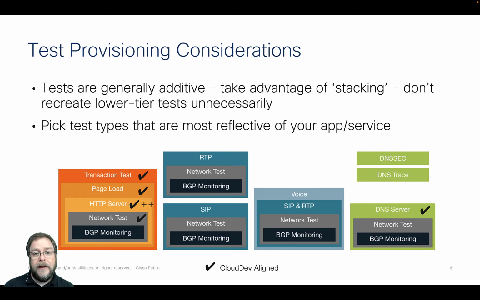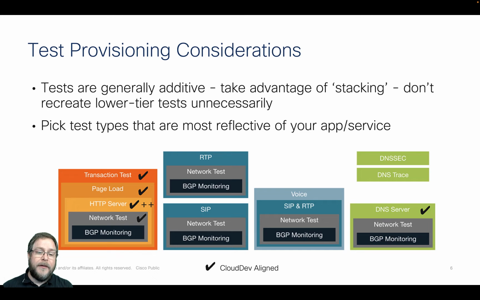If, however, you're trying to gauge an e-commerce site, like we'll show soon, then you'll want to do the transaction test, which gives you the benefit of the transaction test, the page load test, the HTTP server test, network, and BGP test. Again, remember, you can remove the BGP monitoring test if you want to under the advanced settings, if you feel like it's polluting the rest of your user experience and you're not using that information.